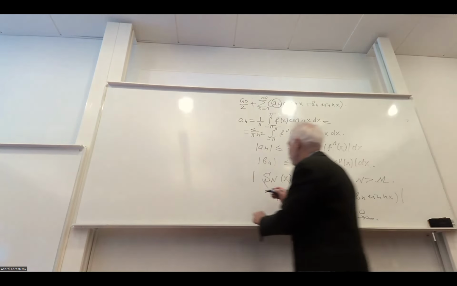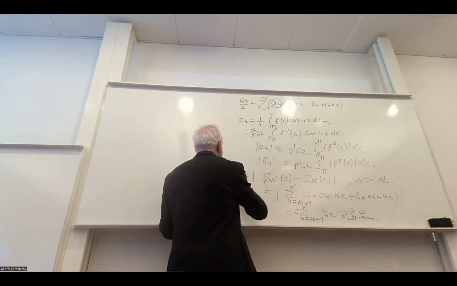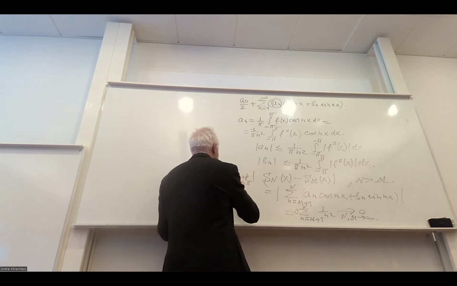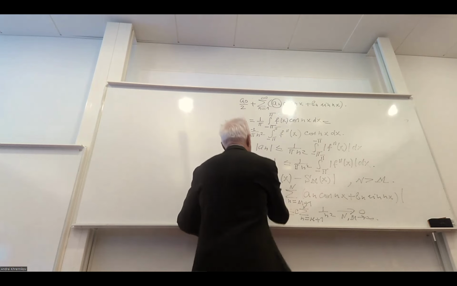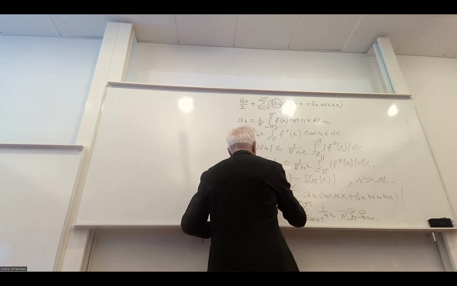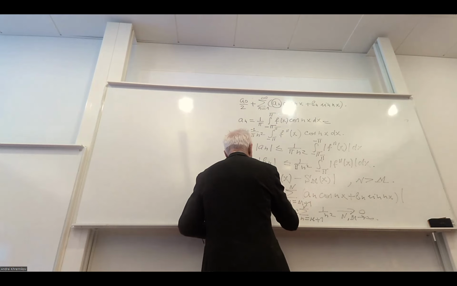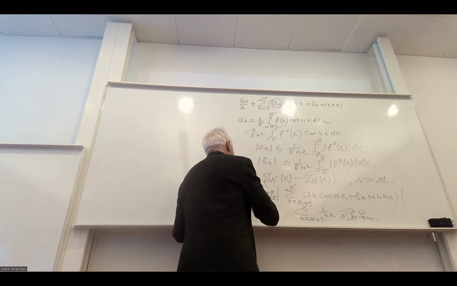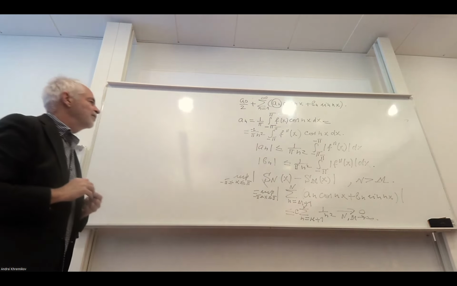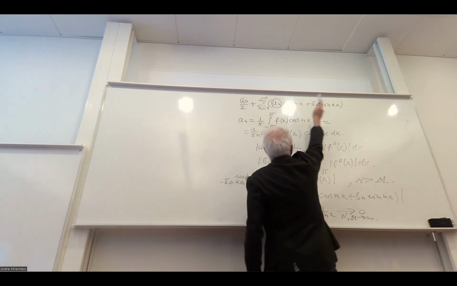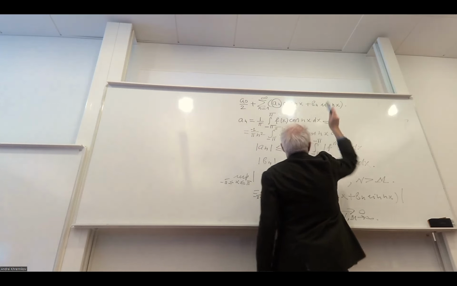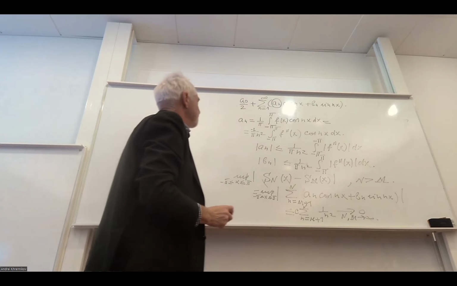We can even write here supremum over x. The dependence on x disappeared because cosinus is less than or equal to 1 and sinus is less than or equal to 1.